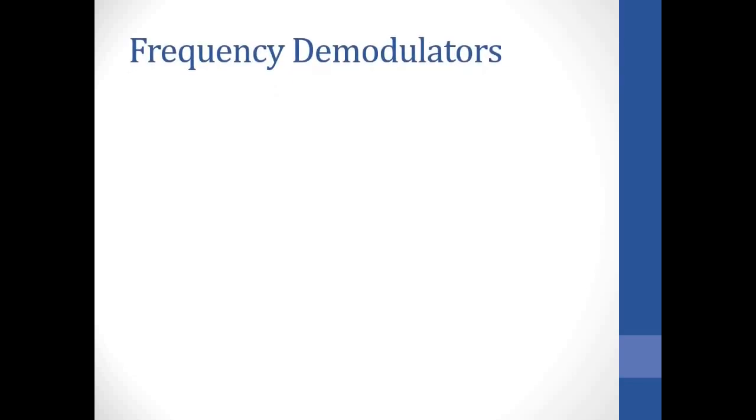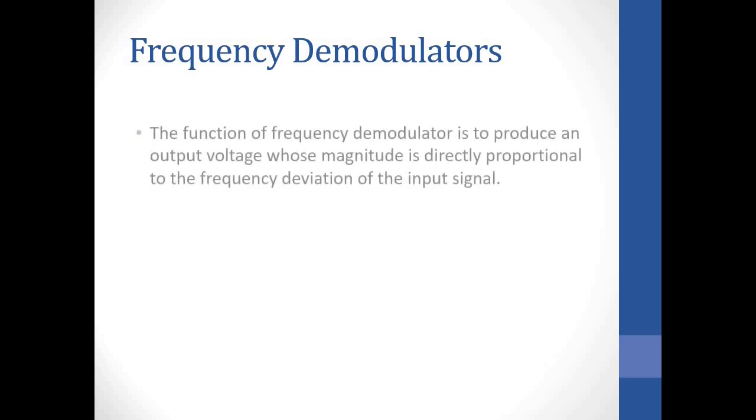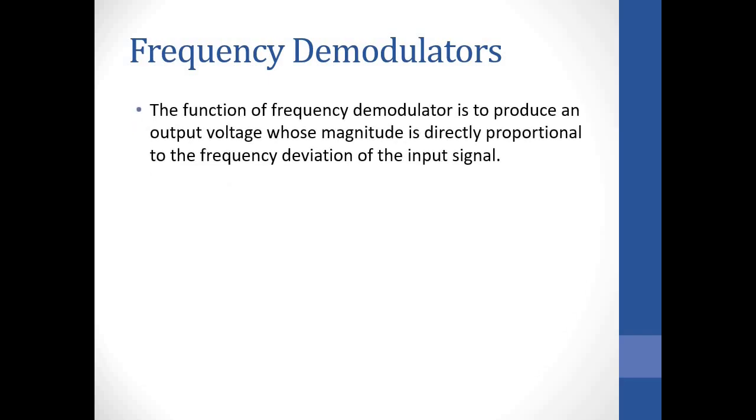Okay, so those are the key points that you should take note of. To demodulate an FM wave, we need what we call a frequency demodulator. The frequency demodulator just converts the variation in frequency to a proportional amplitude. Remember, we're doing the opposite of modulation.